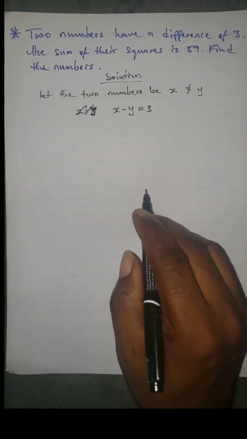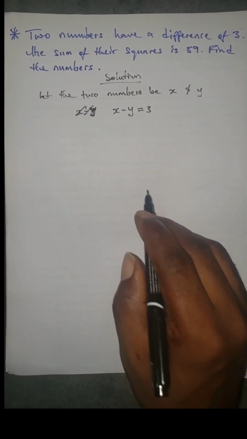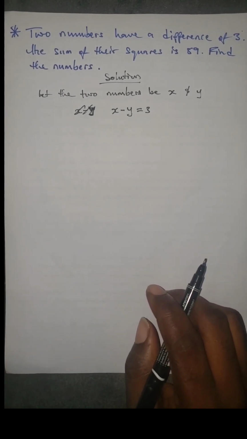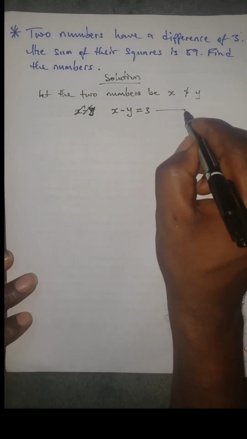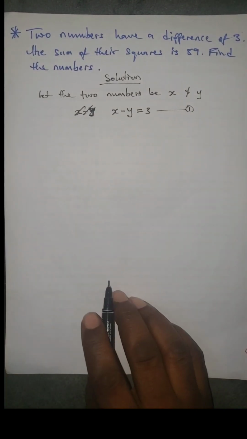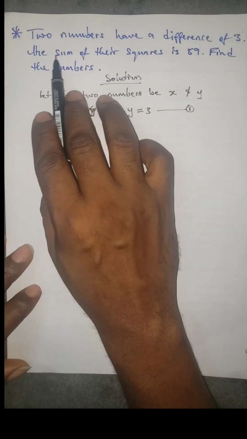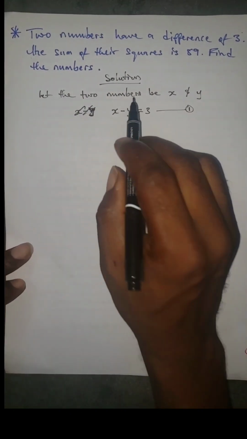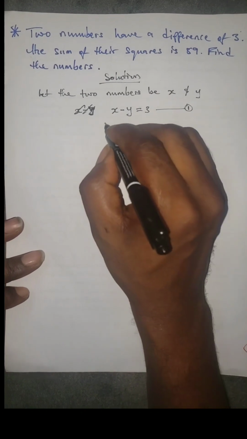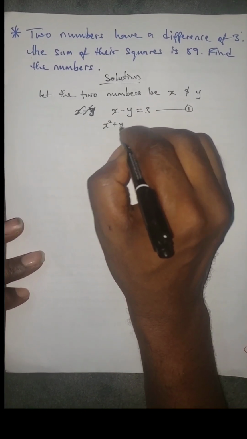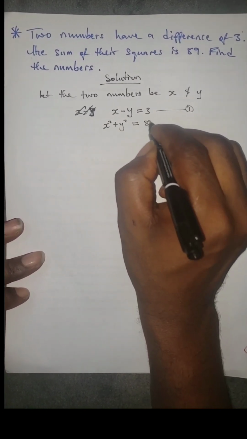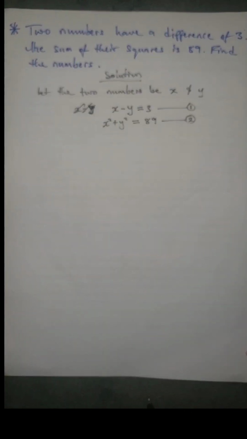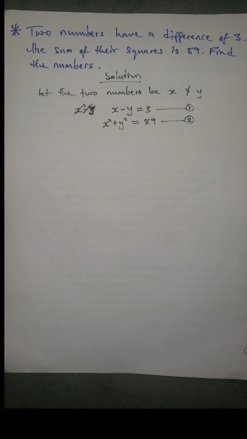So this is actually an example that can give us one linear, one quadratic simultaneous equation, because this forms the linear equation. Now, the second statement there is going to give us the quadratic equation. They say that the sum of their squares, so x squared plus y squared, is going to give me 89. So that's equation 2. Okay, so how do we solve?